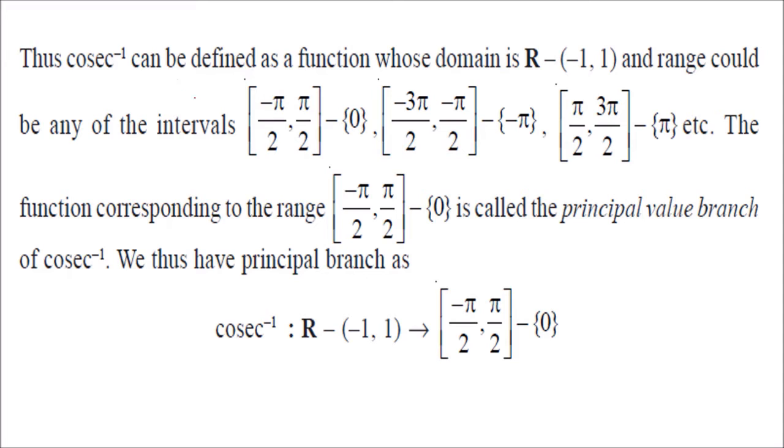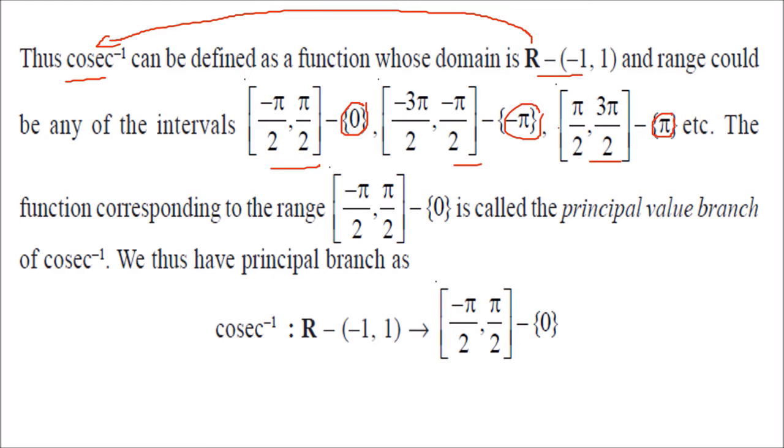So for cosec inverse, we know that for the inverse function, the domain and range will be the range and domain of the actual function. Now here, cosec inverse, the domain will become what? The range of cosec, that was this. So this will be the domain of cosec inverse, R except minus 1 to 1. And the range could be any interval except these values, because this will make the denominator 0, as we saw previously.